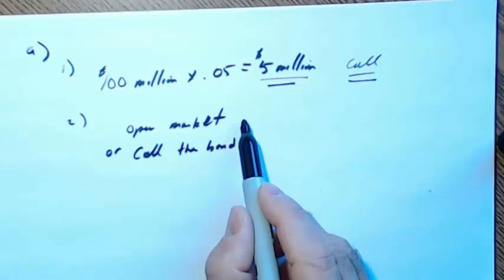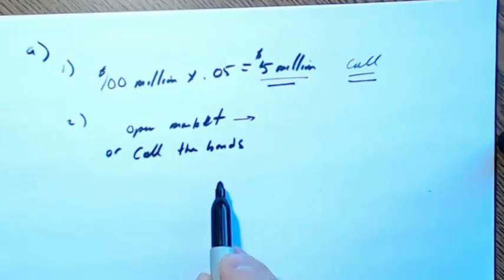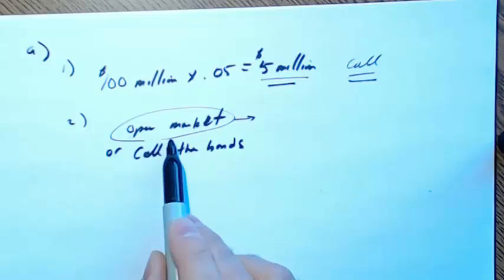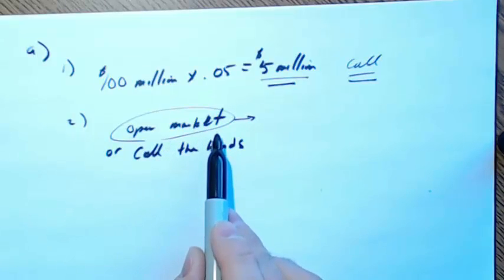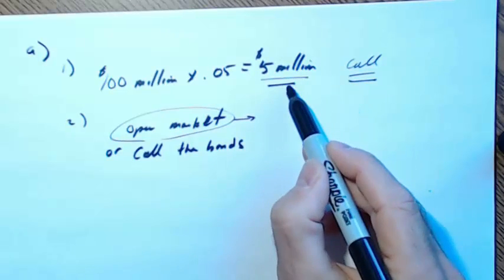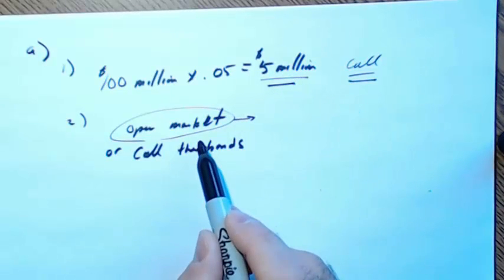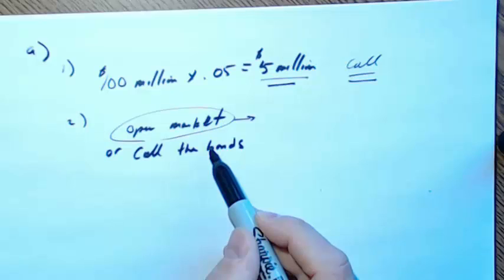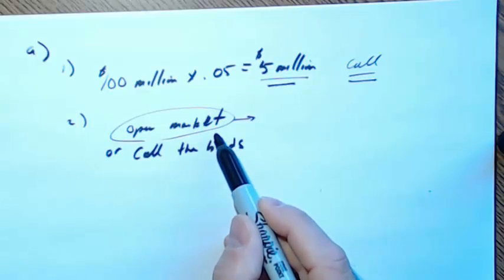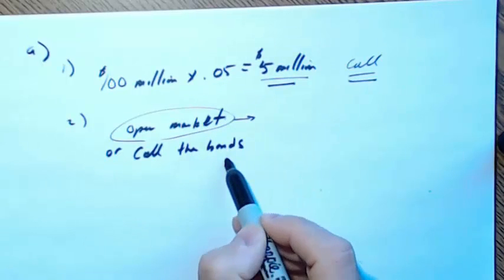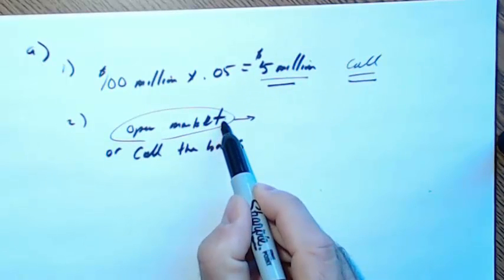The company is going to buy the bonds back in the open market if the bonds are selling at a price below par value, because remember, par value here is $5 million. So if bonds are trading in the open market at below $5 million, below par, then the company will buy back in the open market rather than call, because the open market will be cheaper.